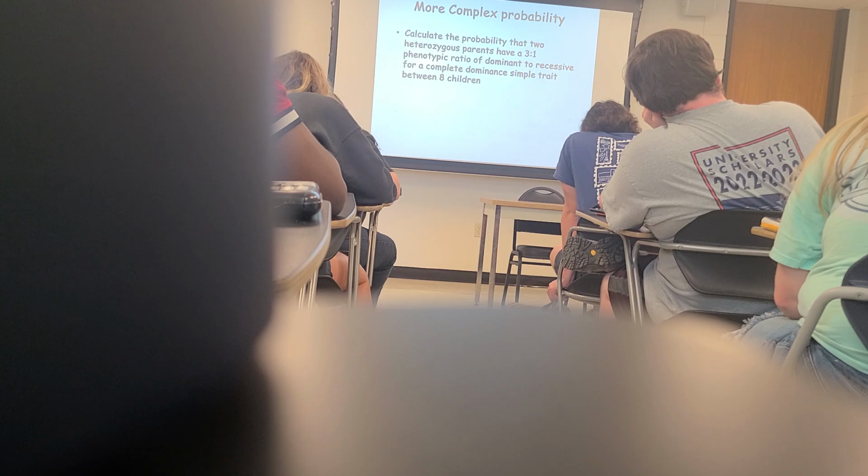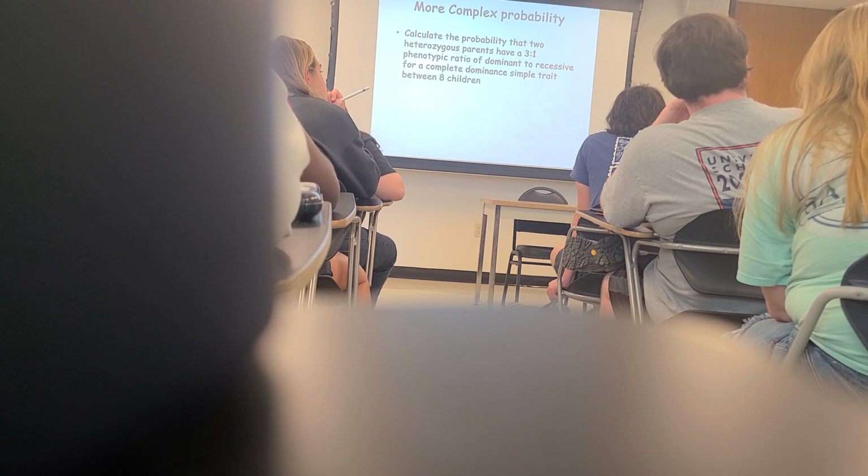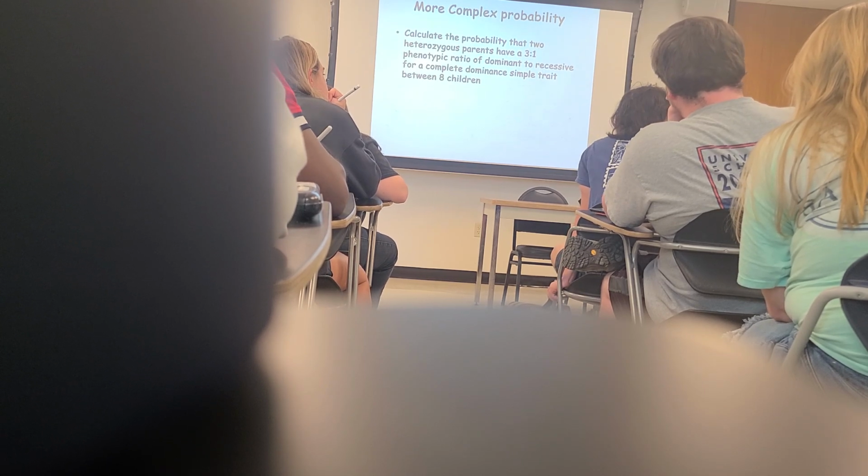The total number of events. 8 children. So we got one of the numbers already. We just need 4 other numbers. You want to do P and Q or S and T? So P and Q.